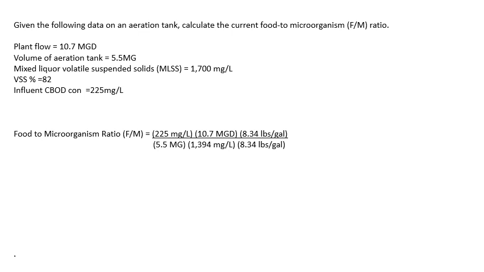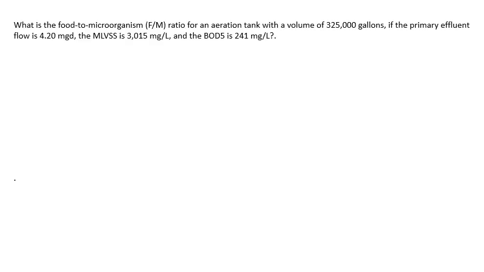Your F/M ratio is 225 milligrams per liter times 10.7 million gallons a day times 8.34 pounds per gallon, divided by 5.5 million gallons times 1,394 milligrams per liter times 8.34 pounds per gallon, and that's going to give you the answer of 0.314. So your food to microorganism ratio is 0.314.